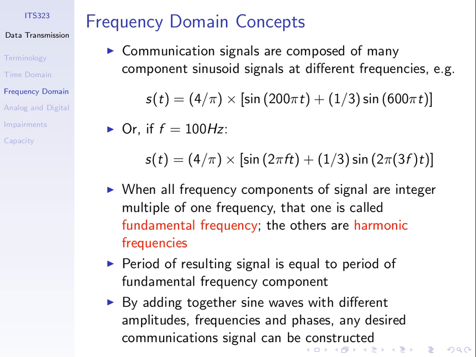Where did that come from? 4 divided by pi times 1/3 sine 600 pi t. Then we can say the equation on the screen, S of t, is simply S1 of t plus S2 of t. That is, the signal we have here is a combination of two simple sinusoids.